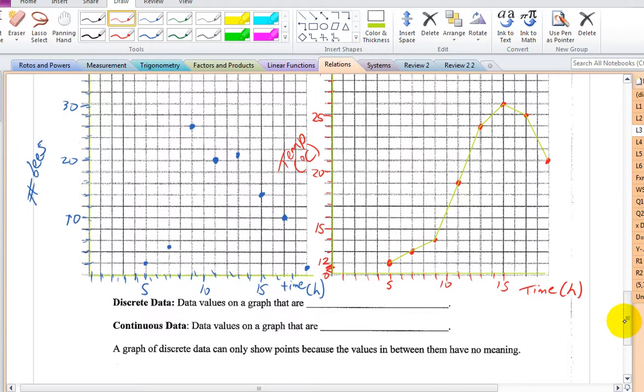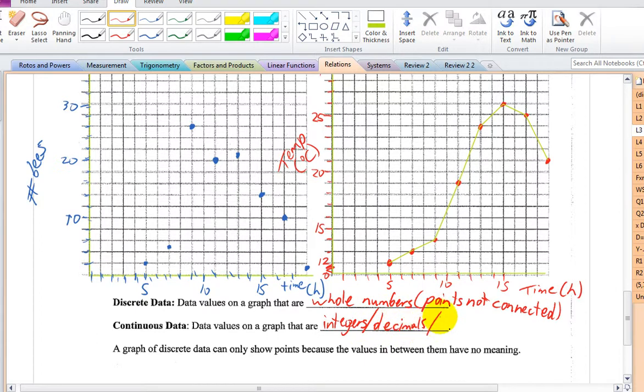Okay? So, discrete data are data values on a graph that are whole numbers. So they're going to be points that are not connected. Points not connected. Whereas continuous values on a graph could be integers or decimals.